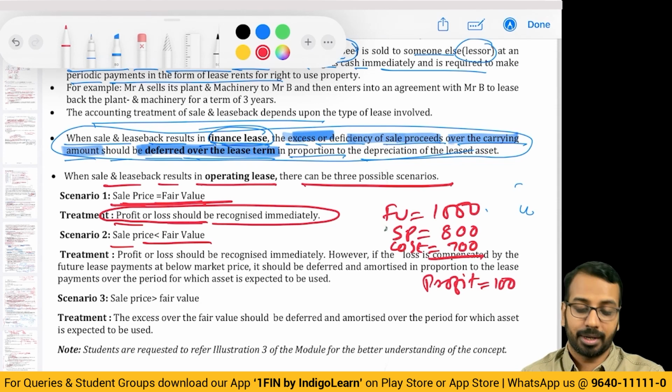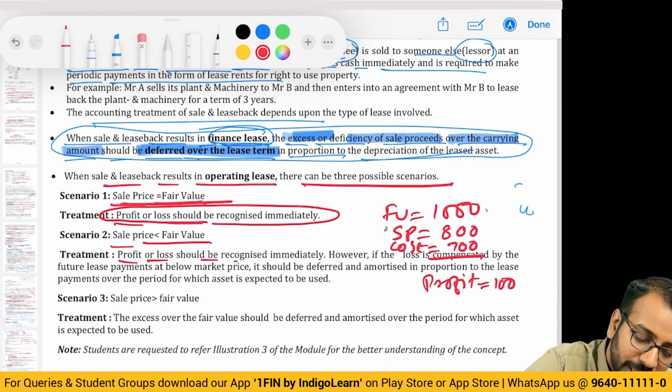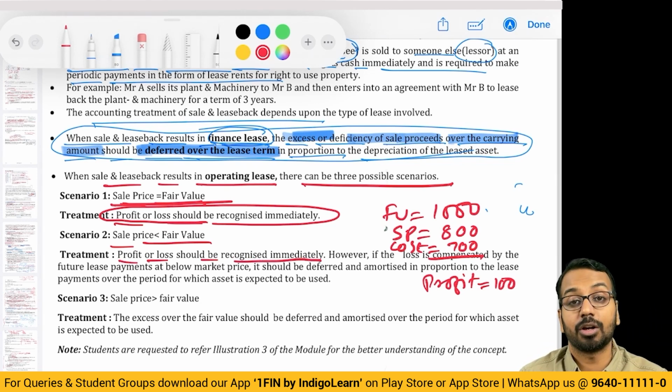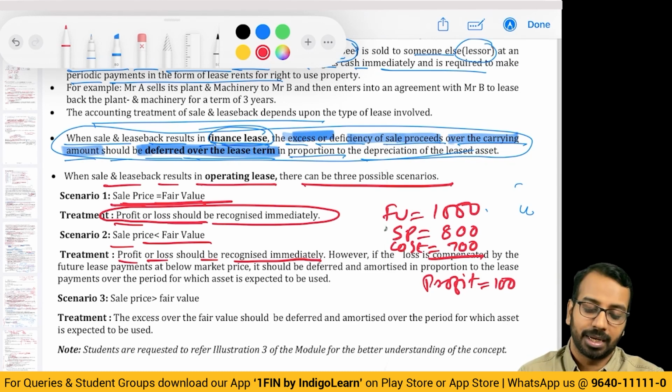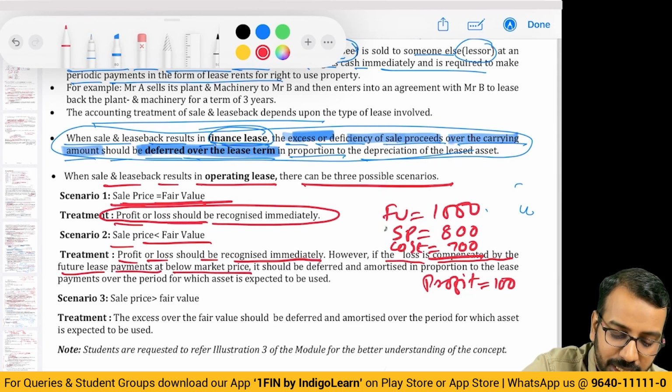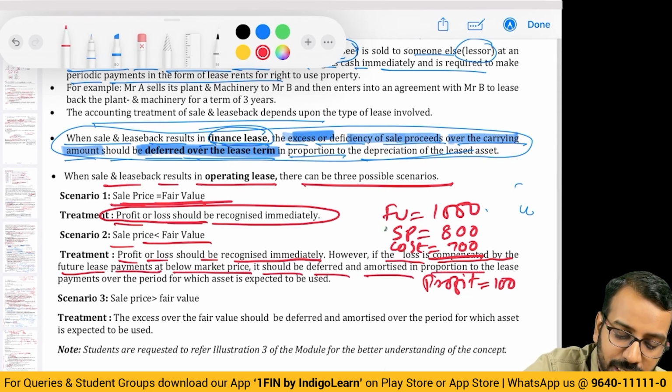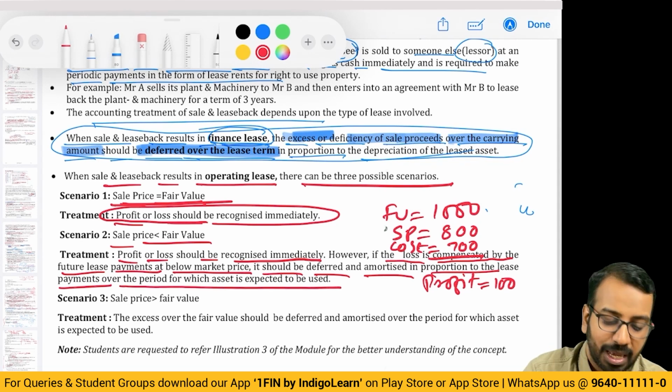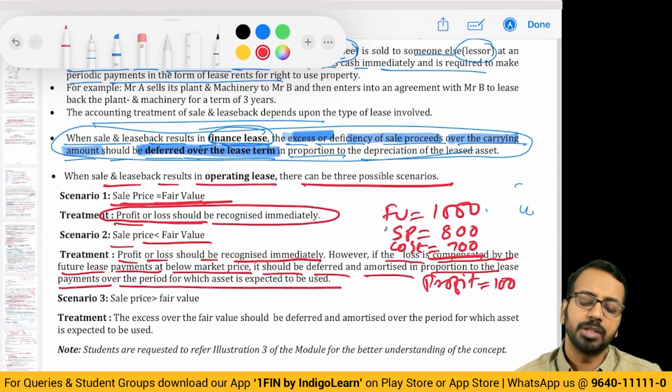Profit or loss should be recognized immediately. So whatever profit or loss I am making, I should recognize immediately. However, if the loss is compensated by future lease payments at below market price, it should be deferred and amortized in proportion to the lease payments over the period for which the asset is expected to be used. Means what?